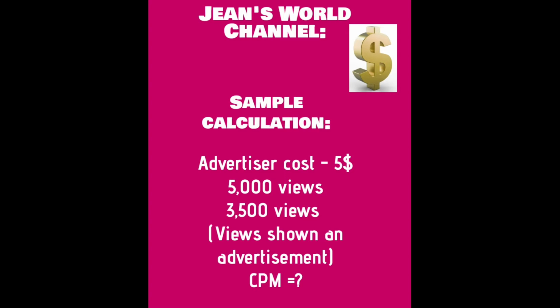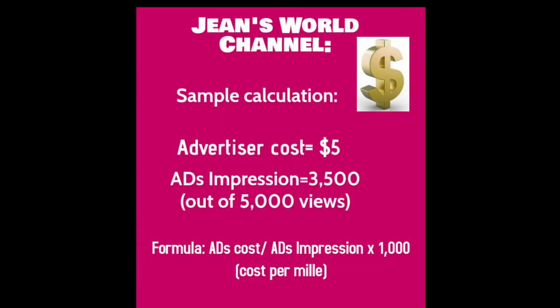To get the result, we will use the standard formula. Advertiser cost equals $5. Ad impression equals 3,500 out of 5,000. This is the views na may patalastas. So the formula is advertiser cost divided by ad impression times 1,000, cost per mil.